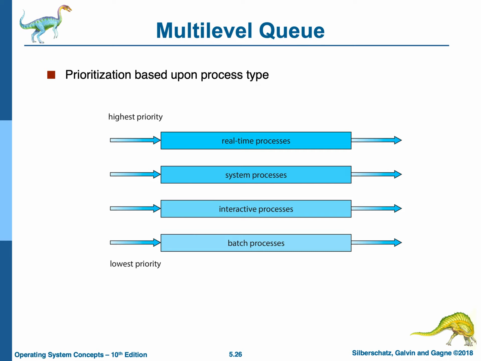This prioritization may be based upon the type of the process, as I have already told you that size and type matter. So this is actually based on the type of the process. If it's a real-time process, then it has the highest priority. If it's a system process, then it is lower than that. So the real-time process has the highest priority, then this, and then this, and the lowest priority is the page process. Why is it lower? Because it's longer in size.